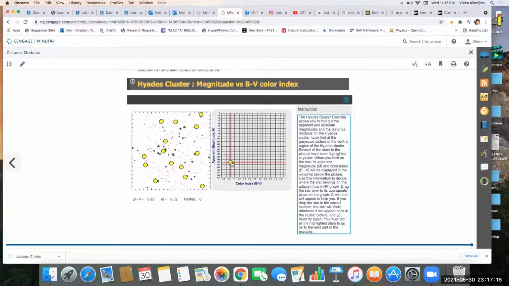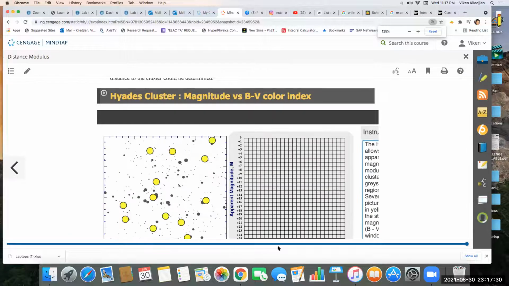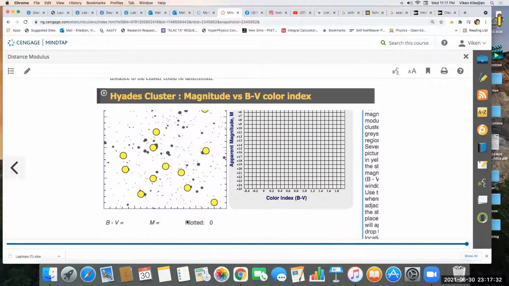Now drag it over here. Apparent luminosity is 9.52, so that means it's right here. And let me magnify it a bit. So let's go like this. Any of these. So apparent luminosity 5.72, color index 0.32.